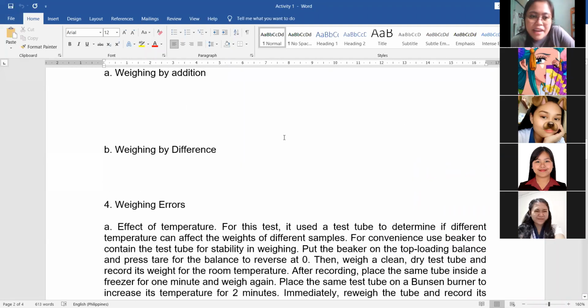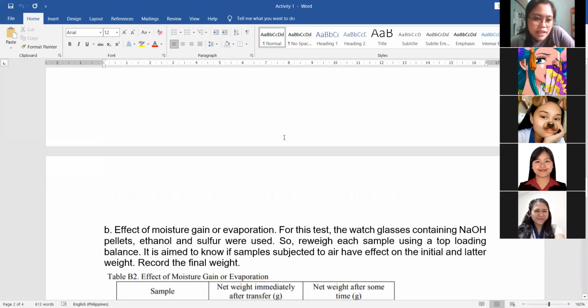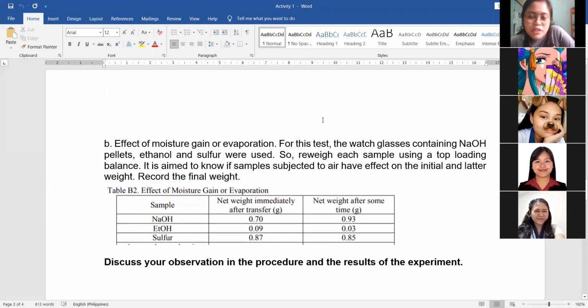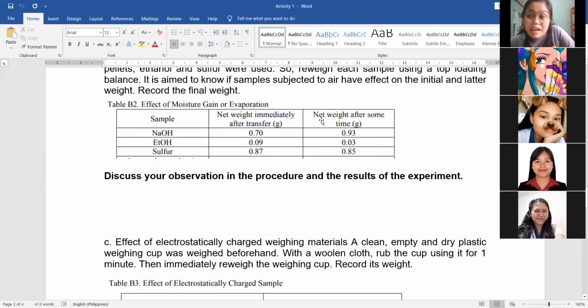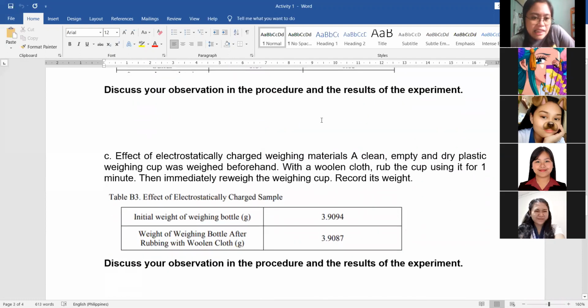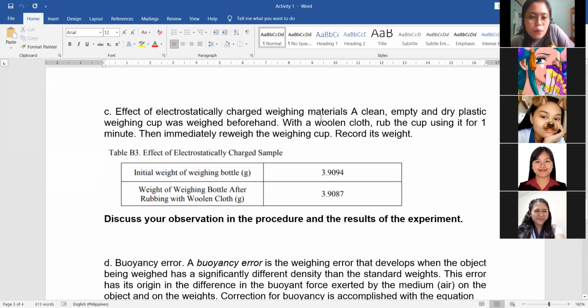So the first one, effect of temperature. And then the second one, effect of moisture gain or evaporation. The same thing, procedure is given as well as the results. All you need to write is the observations. And then, effect of electrostatically charged weighing materials. It also has an effect on weighing, on getting the correct weight.